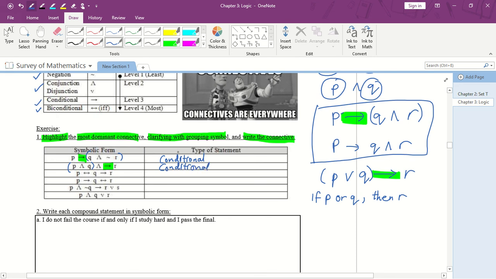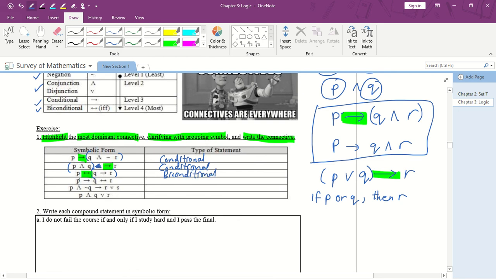I think this is not supposed to be here. Okay, and the next one, P biconditional Q conditional R. Which one is the most dominant? We know that it is the biconditional. So we can group it as P and Q to R. So this statement is a biconditional.